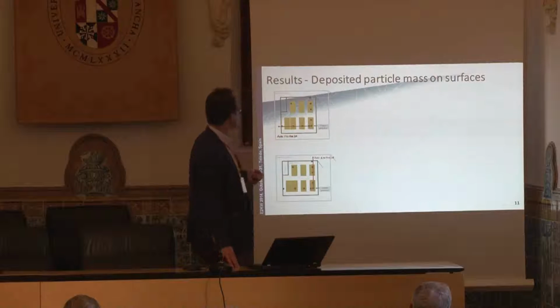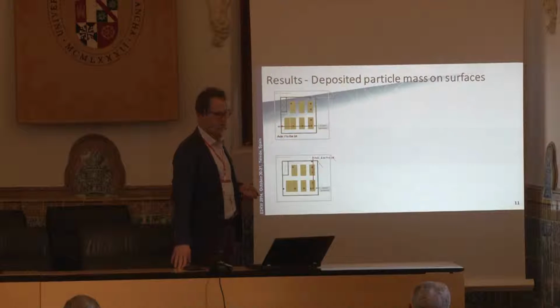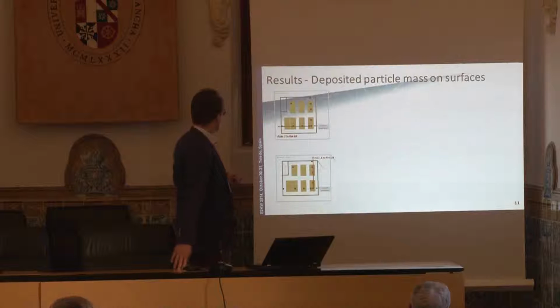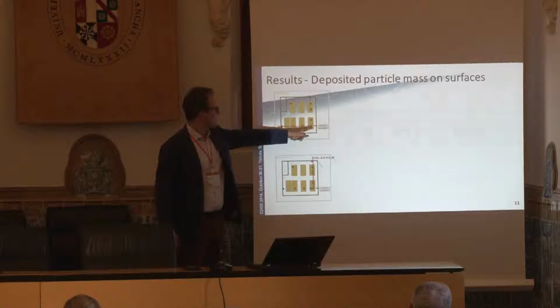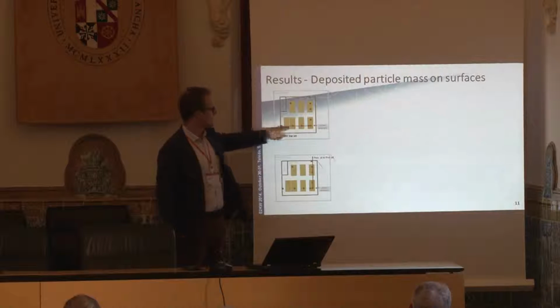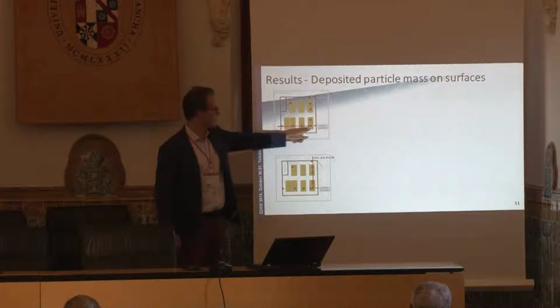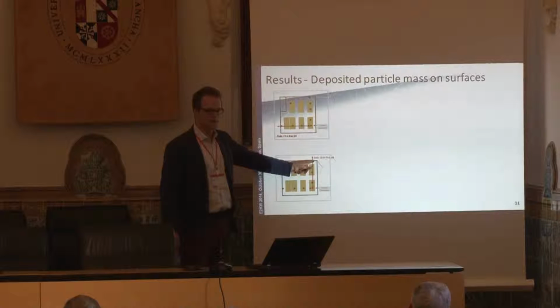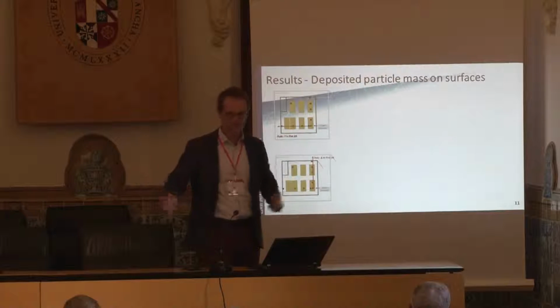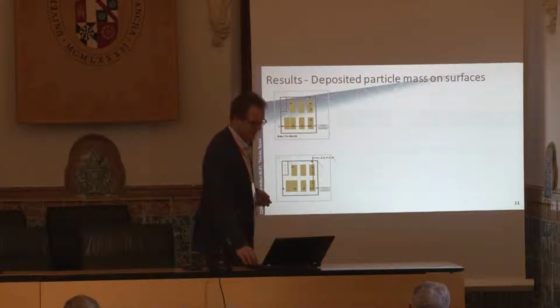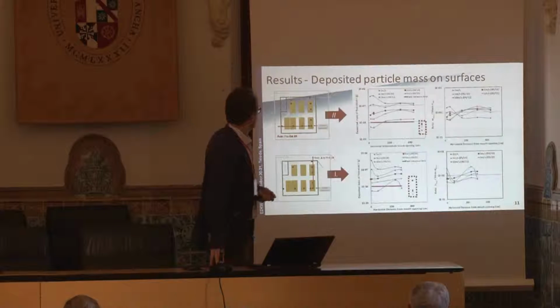As far as the particle mass on surface is concerned, we discriminated the particle mass along an axis parallel to the mouth opening or perpendicular to the mouth opening. Then we can have an idea of how the dispersion on the tables would be within the entire room. So here are the results.